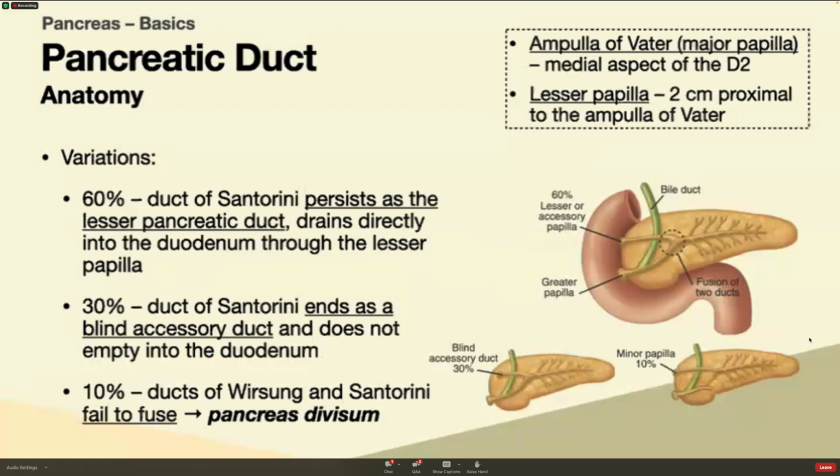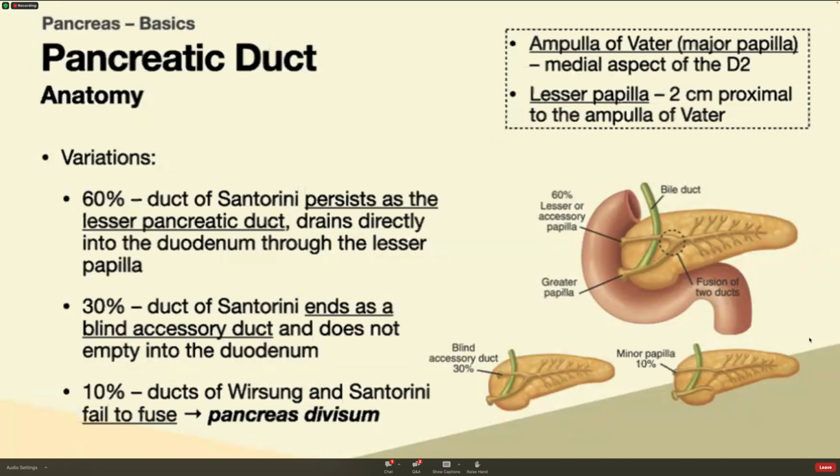With regards to the persistence of the duct of Santorini, in 60% this persists as the lesser pancreatic duct and drains to the lesser papilla. The lesser papilla is located 2 cm proximal to the ampulla of Vater. Well, the ampulla of Vater, as we know, is at the D2 and is located at the medial aspect.